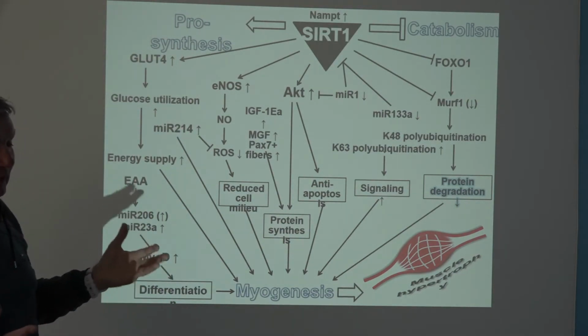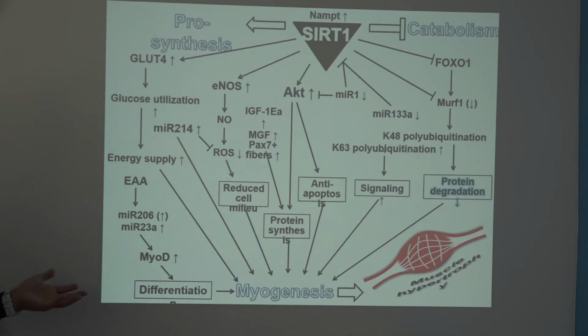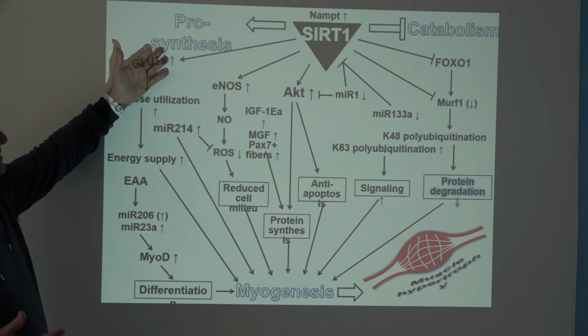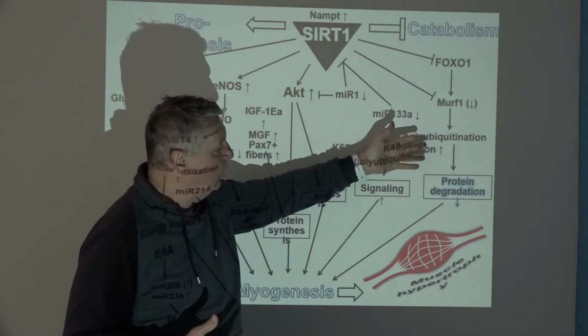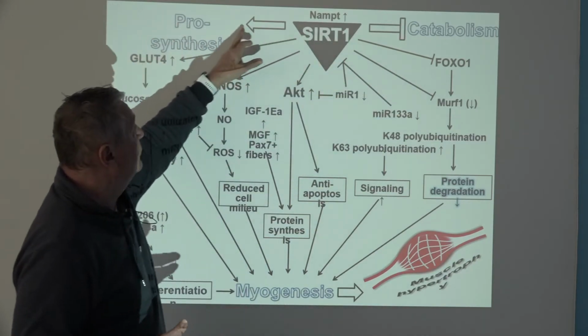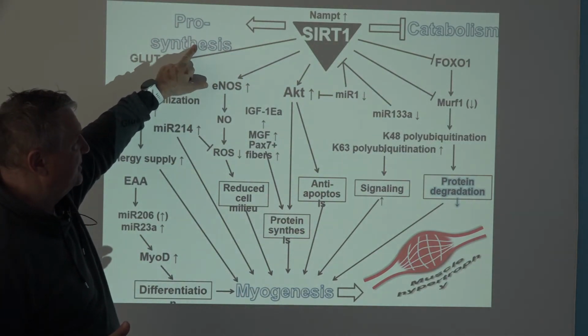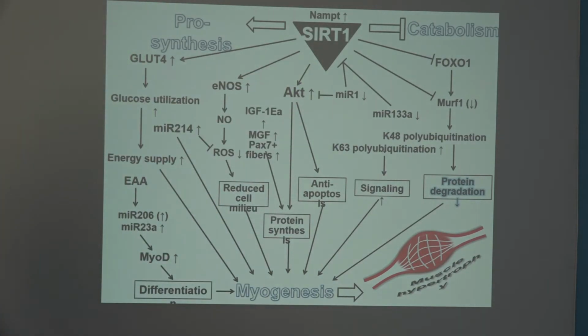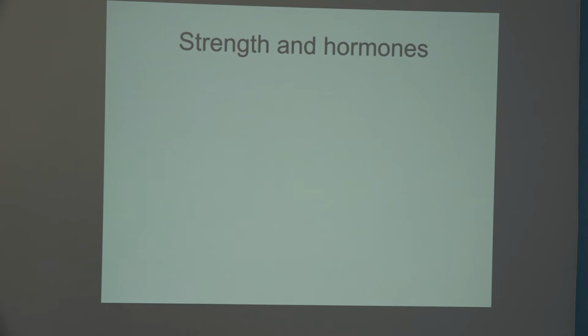First of all, if you want to have increased muscle mass, you have to increase synthesis, and you have to block the degradation. You have to block catabolism, and you have to increase anabolic processes. And this is what this protein SIRT1 is doing according to our study, and this is how the muscle mass is controlled.